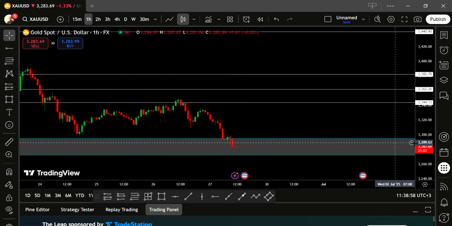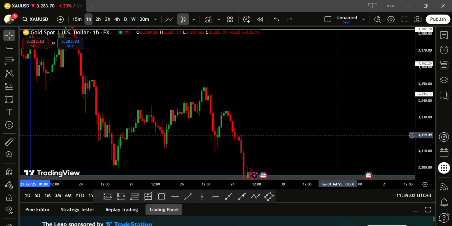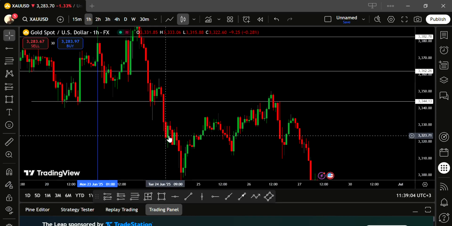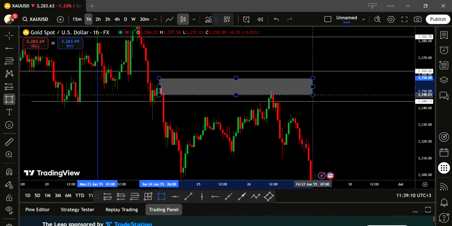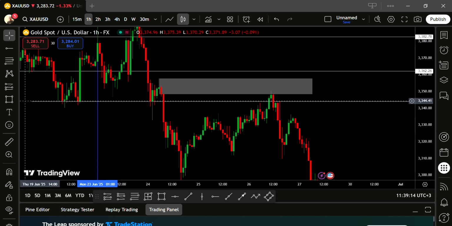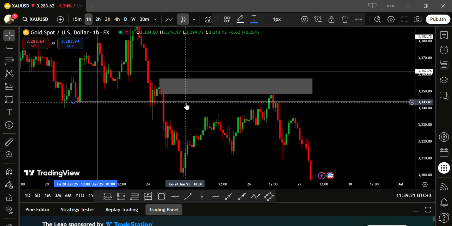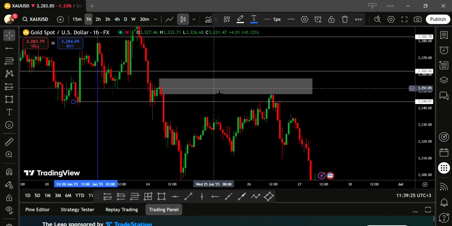Come to the 1 hour. When you come to the 1 hour, you'll see there was a supply zone here. Beautiful supply zone there. So after the break of structure, gold left a supply zone up here.